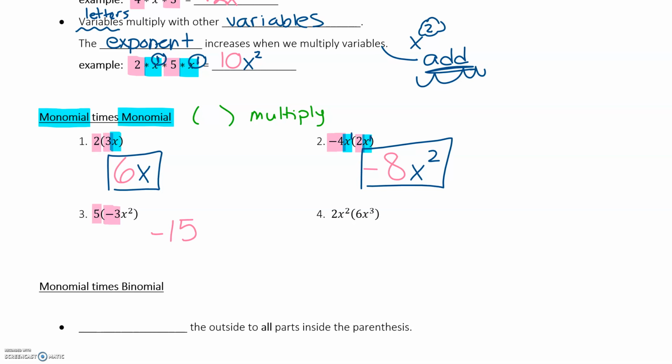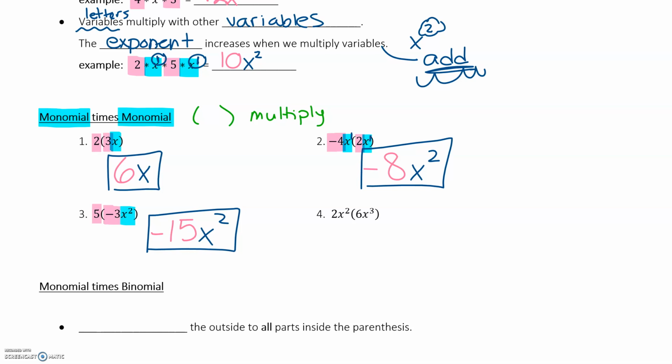Please don't lose the negative. It's not 5 minus 3, it's 5 times -3, multiplying because of that set of parentheses. And then we get the x squared. There's no other variable here, so x squared just stays the same. It's like saying x squared times 1. It's not changing when you multiply it by a 1.